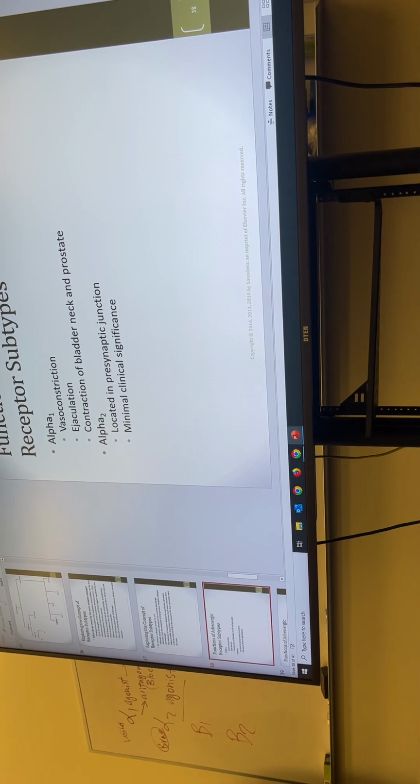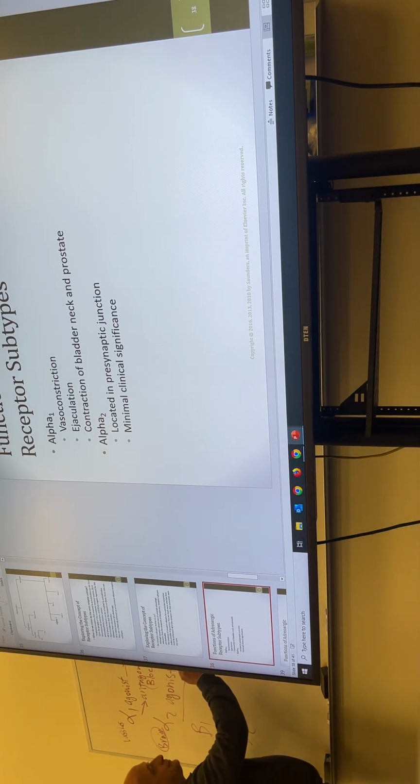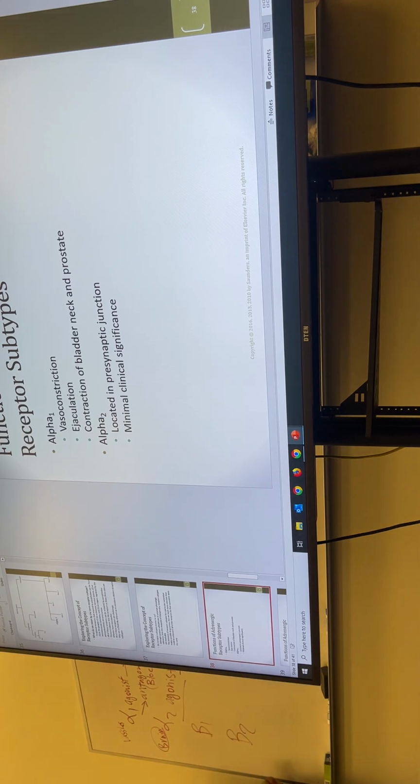What happens if we activate alpha 2 receptors? What does the alpha 2 receptor do? Activation of alpha 2 decreases the norepinephrine release in brain.